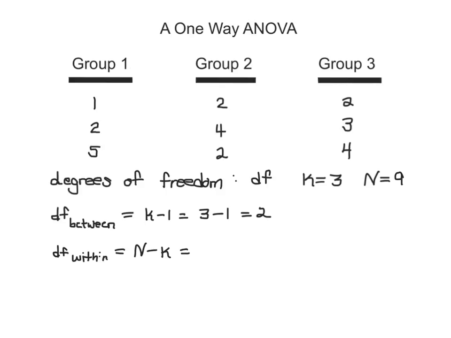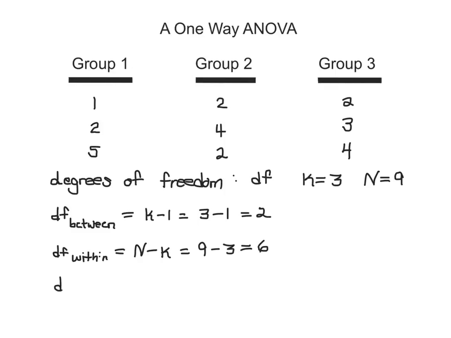So that gives us 9 minus k, which is 3, and 9 minus 3 is 6. So our degrees of freedom between is 2, and our degrees of freedom within is 6.